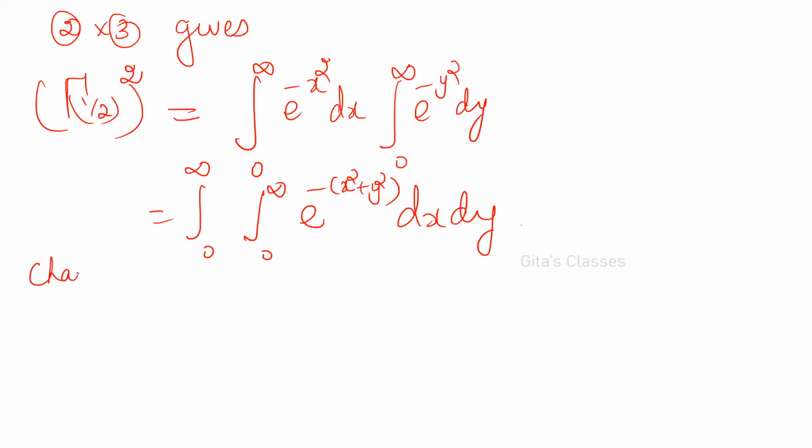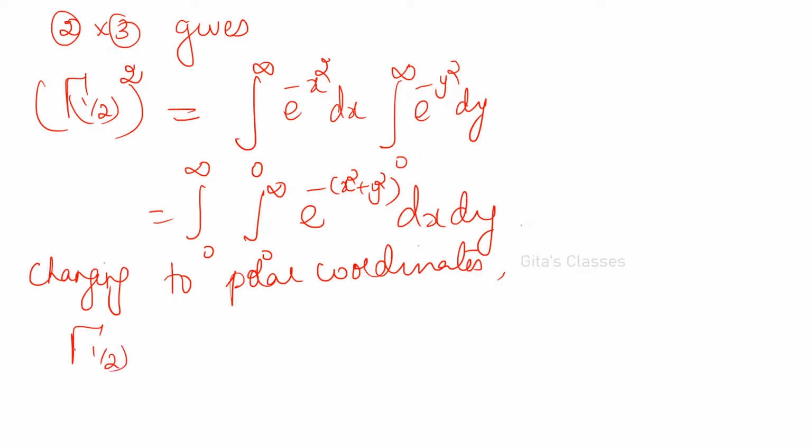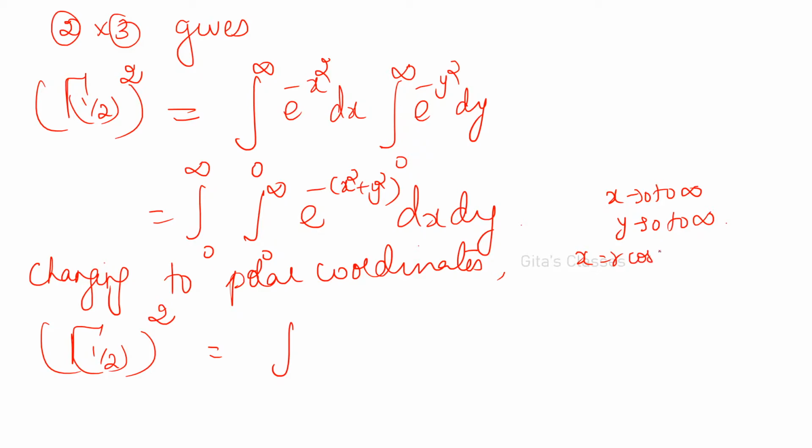So changing to polar coordinates, what will I get? In the left hand side, it is gamma of 1 by 2 the whole squared is equal to, here x varies from 0 to infinity and y varies from 0 to infinity, and changing to x is equal to r cos theta, y is equal to r sin theta.